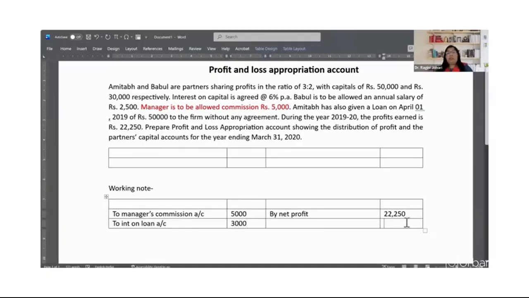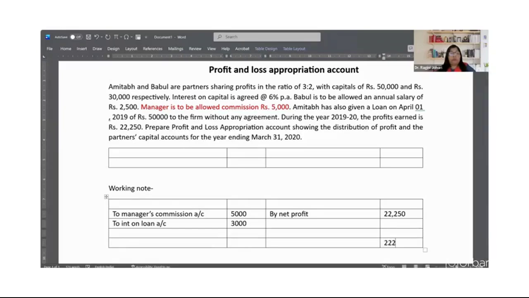This is also deducted. Now let us see how much profit is left with us. These two amounts are deducted: from 22,250, minus 8,000, you are left with 14,250.